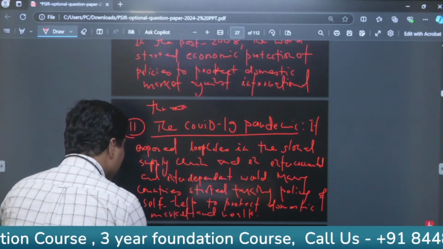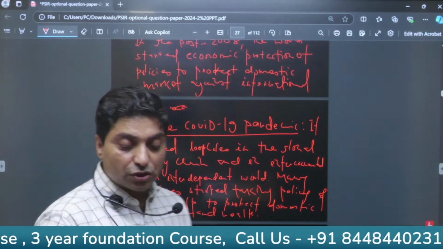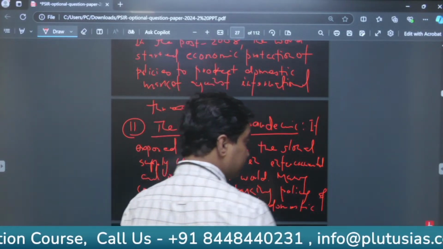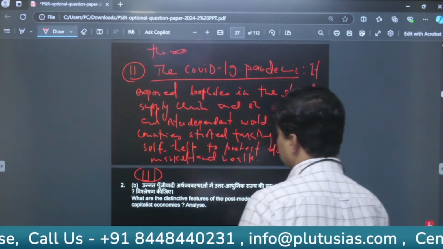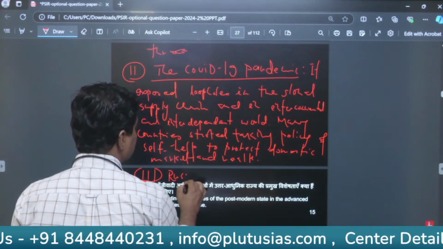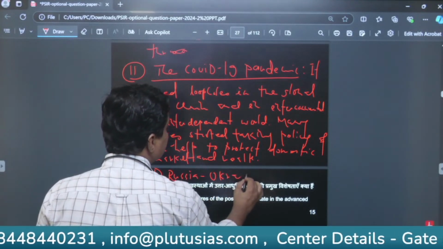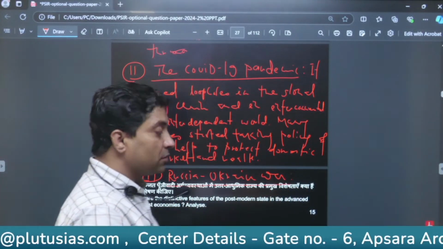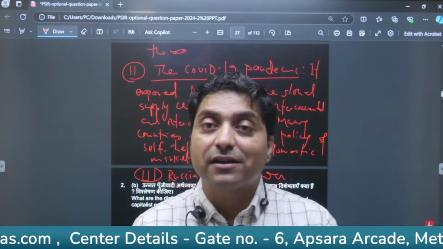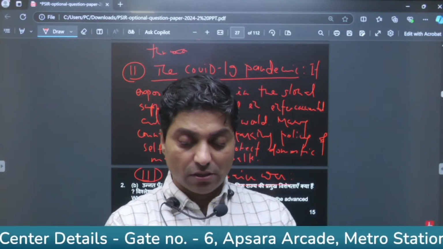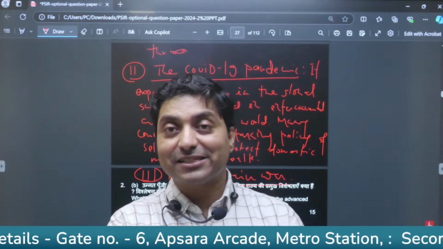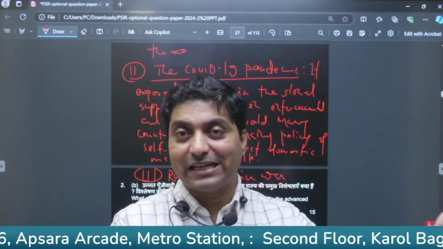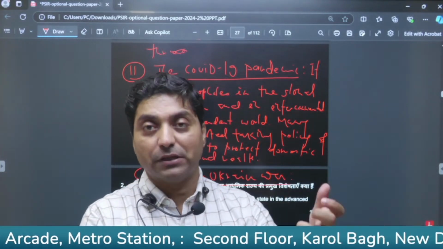Now, the third major reason is the Russia-Ukraine war. Due to the Russia-Ukraine war, European countries have put so many financial sanctions on Russia, and therefore Russia started doing trade in local currency, between rupee and ruble, right?